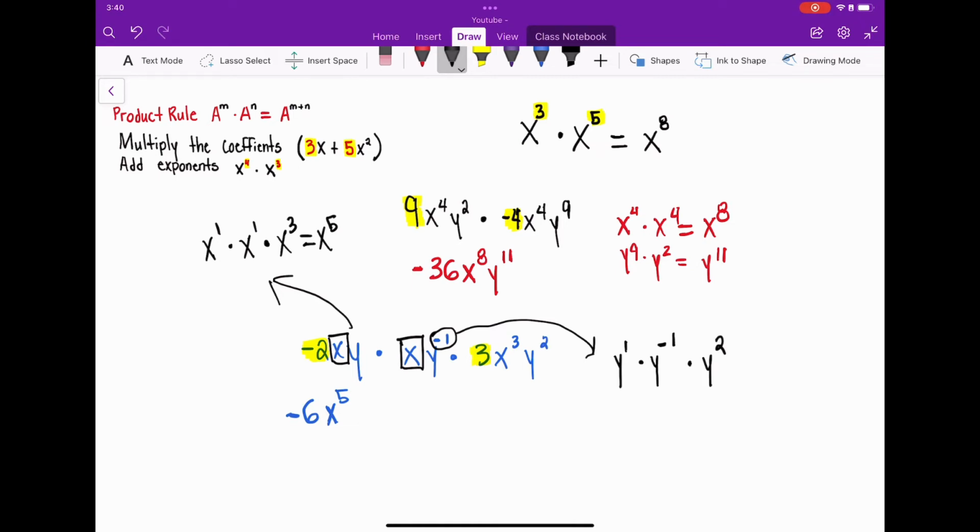So if we look, right, we know that when we add, the order doesn't really matter. We're going to get the same answer, right? So once we add these all together, negative 1 plus positive 1 plus 2, we're going to get a final answer of y to the second power because that's what's left over. So when we look at this, our final answer would be negative 6 x to the fifth power y squared.